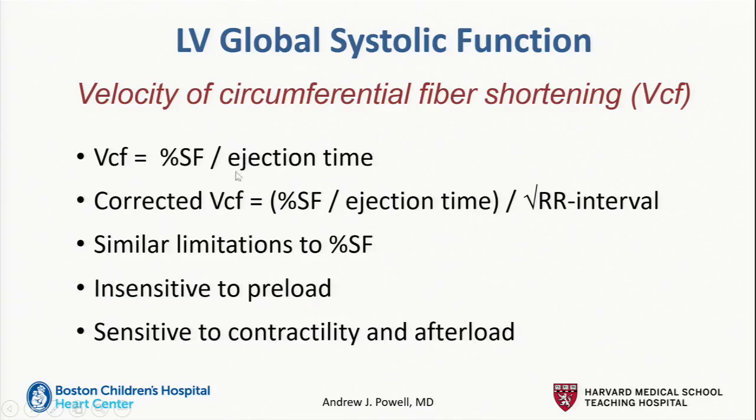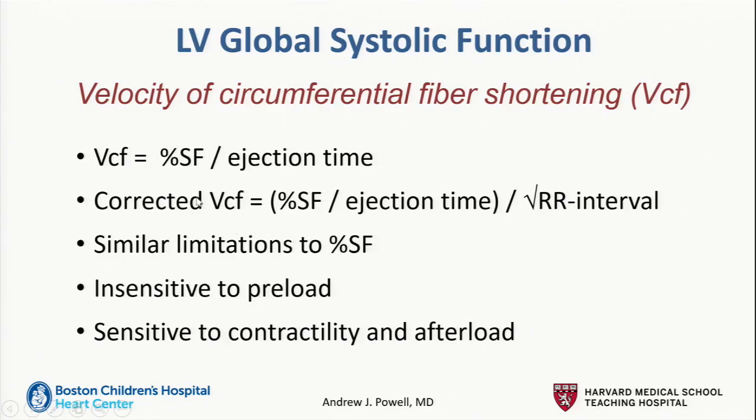Then you can correct that also for heart rate, so you take this formula and divide it by the square root of the RR interval. In doing this calculation, this parameter has the same limitations as shortening fraction does, because shortening fraction is in the equation.